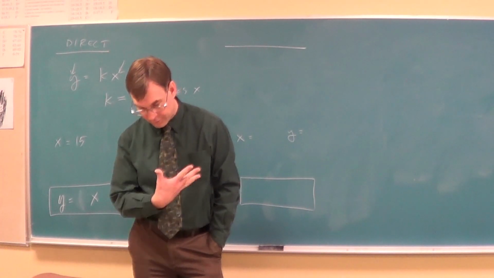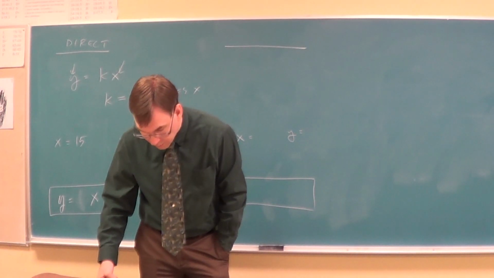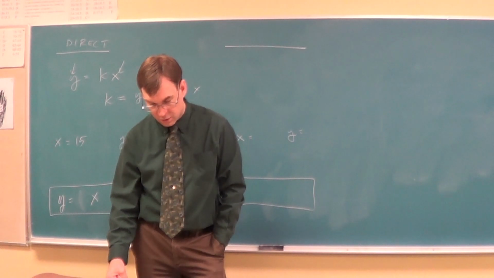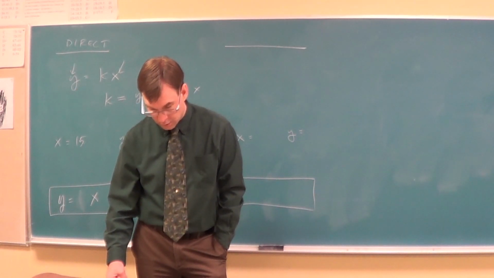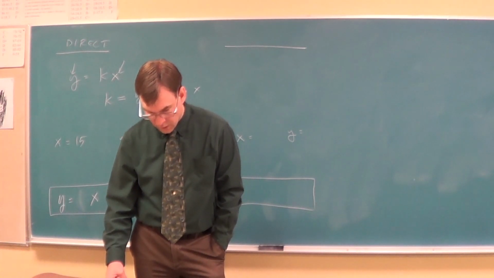Which one are we on? 5. Y equals 5x. That's true. 7. Y equals 3.75x. That's fine. Could also be 15/4 x. Could be 3 3/4 x. That all wins. 9. Y equals 28 over 25x.